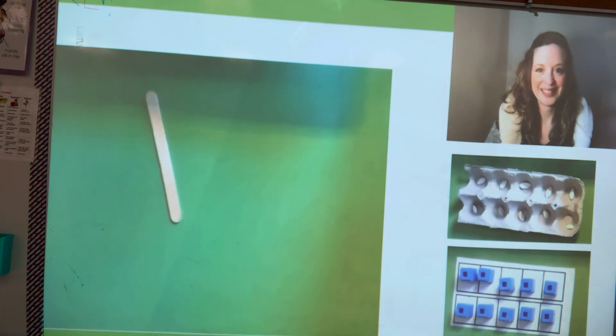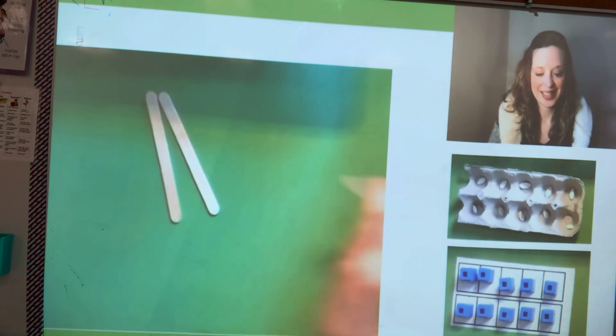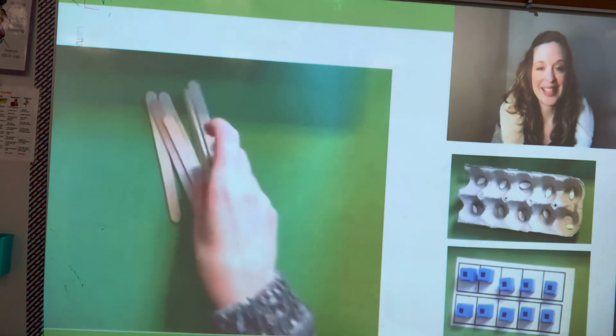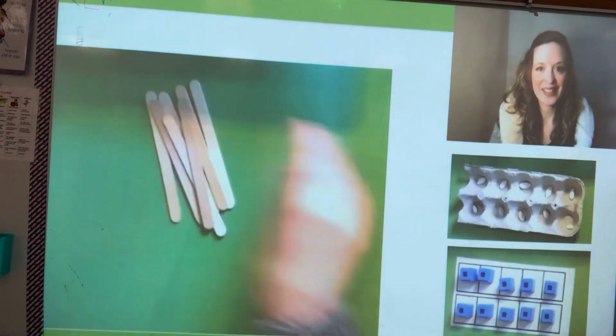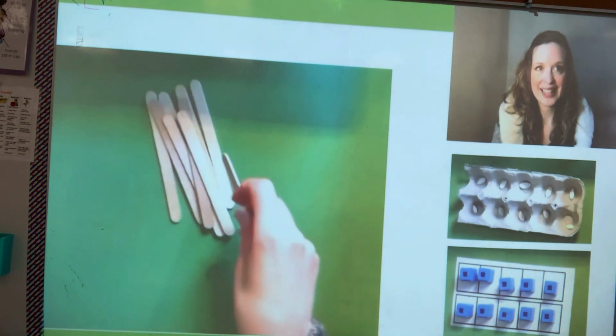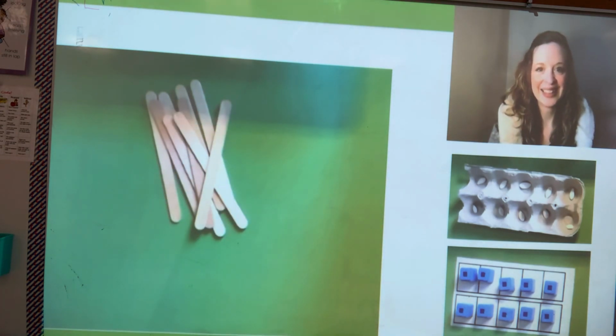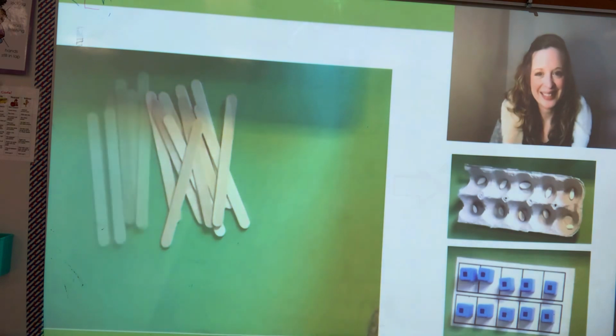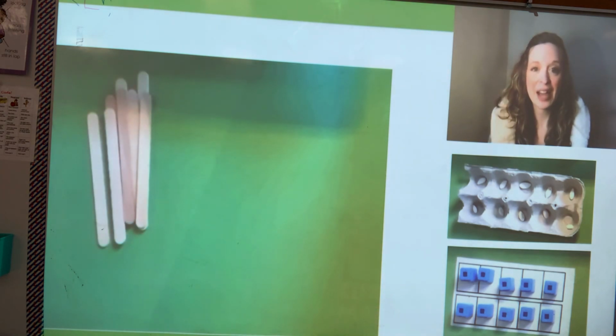1, 2, 3, 4, 5, 6, 7, 8, 9, 10. Here's 1 pile of 10 for the pumpkin seeds. Now, let's count a pile of 10 for the cubes. Ready?